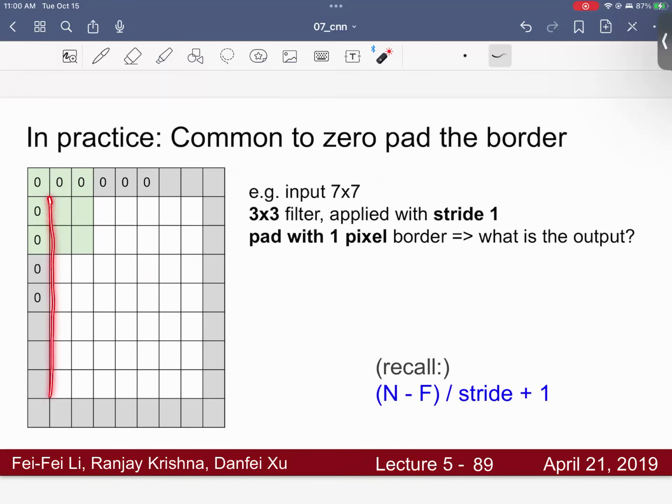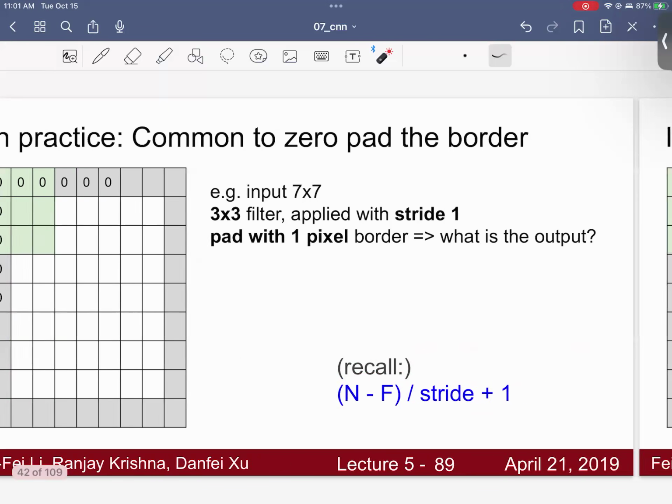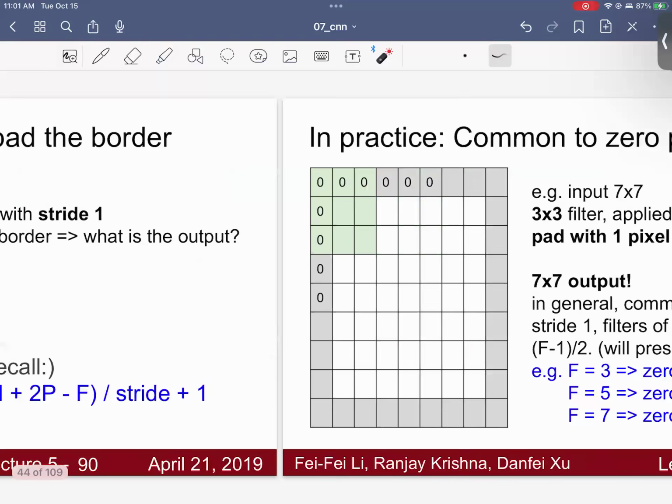So this was your original image. This is your padded image. But your output would be, again, 7 by 7, according to this equation, because now it's 9 minus 3, divided by stride, and then plus 1, which is 7. So when you use padding, you can preserve your spatial dimensionality, right?